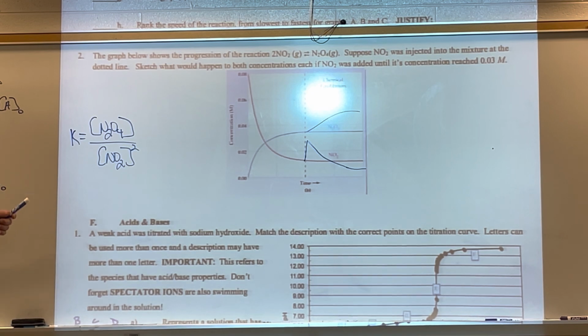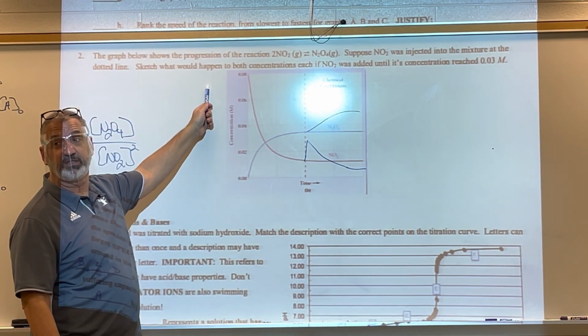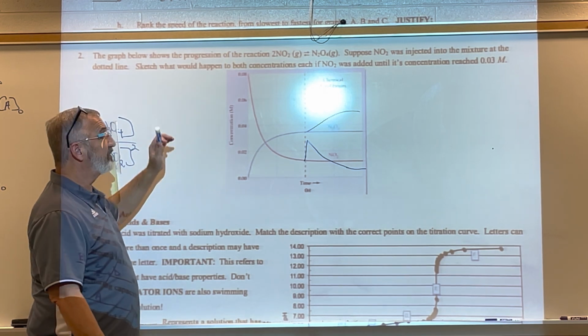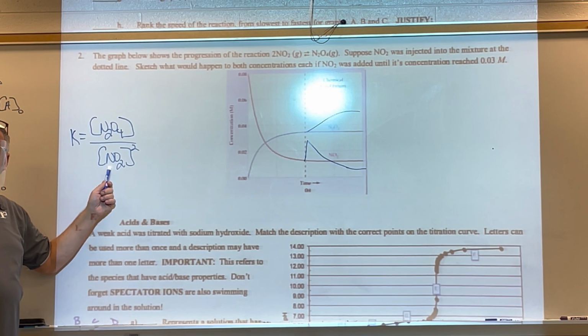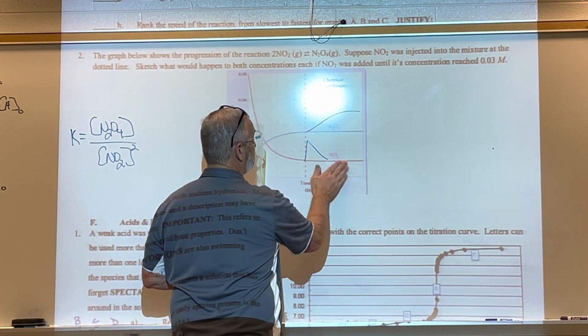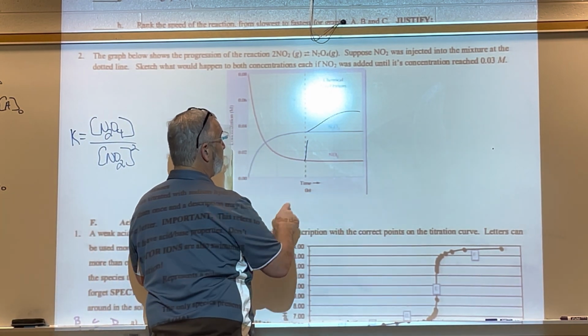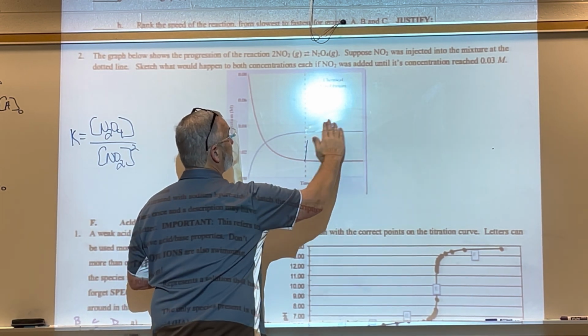The only thing that's going to change K is a change in temperature. Are they talking about a change in temperature at all? No, so the ratio of N2O4 to NO2 at the end has to be the same as it was at the beginning. Okay? Which means that we're going to end up having basically the same concentrations at the end.